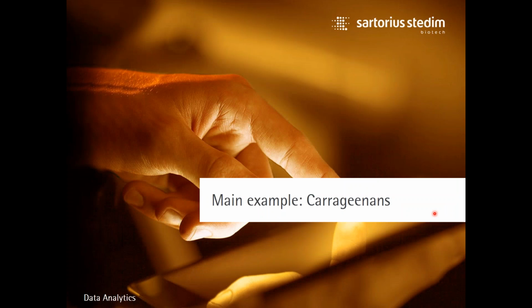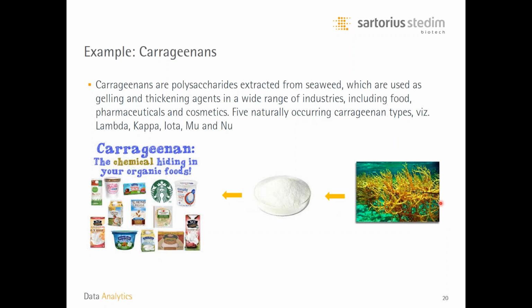A little introduction into this carrageenan dataset. As I said, it's part of our tutorial examples in our course compilation, so you will find more information there. So basically, carrageenans are things that you can extract from seaweed harvested from the bottom of the ocean floor. They are used as gelling and thickening components in the food industry and also in the pharmaceutical and cosmetics industries.